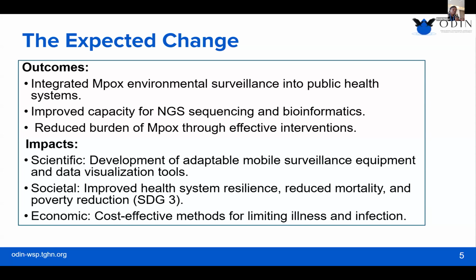And we need to have the impact of development of adaptable mobile surveillance equipment, as I said earlier. This action will contribute to the sustainable development goals and is a cost-effective method for limiting illness and infection, which is valuable for the economy.